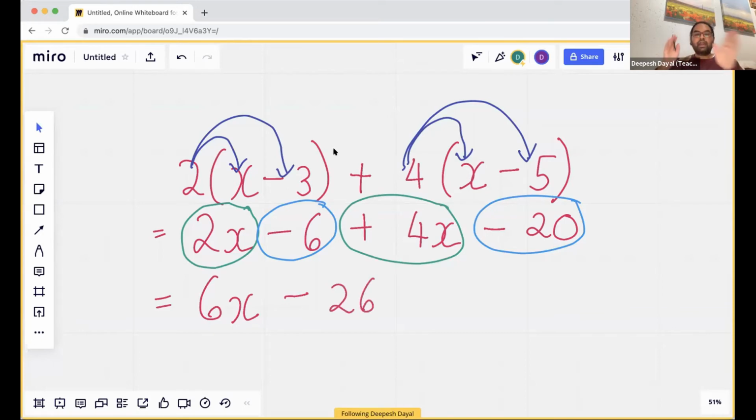Very importantly, you've got minus 6 and then you go minus 20, so it goes more to the left on your number line. So it's minus 26. I'm very curious to know what you all think of this answer. You can show me thumbs up or another face or whatever, just to show me what's happening so that I know what's going on here.